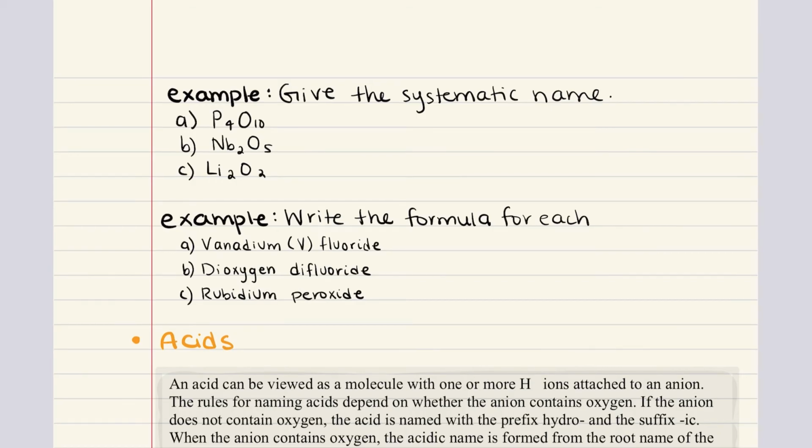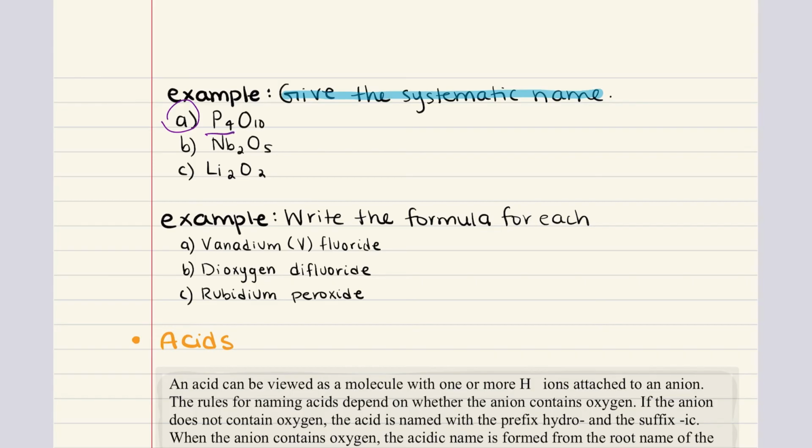For this first example, we want to give the systematic name. A is P4O10. So what we have here is a binary compound, but there's no metals present. So this is going to follow the rules of binary covalent compounds type 3 when we're trying to name it. Let's look at our first atom. We have phosphorus here, and we have 4 of them.